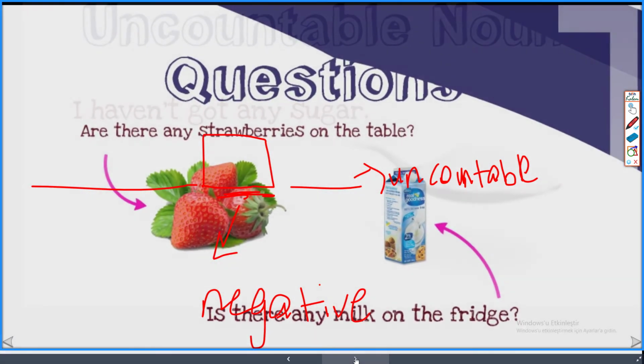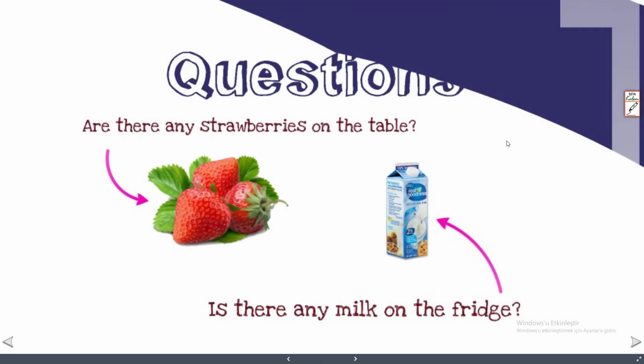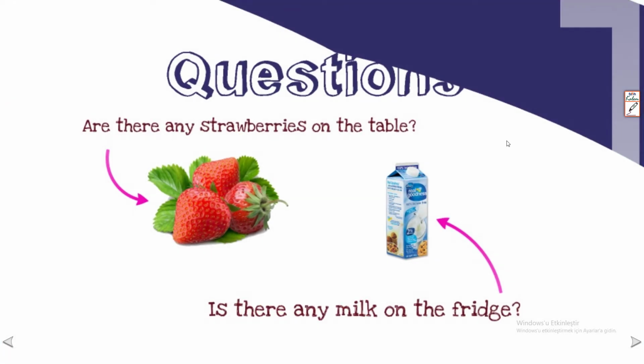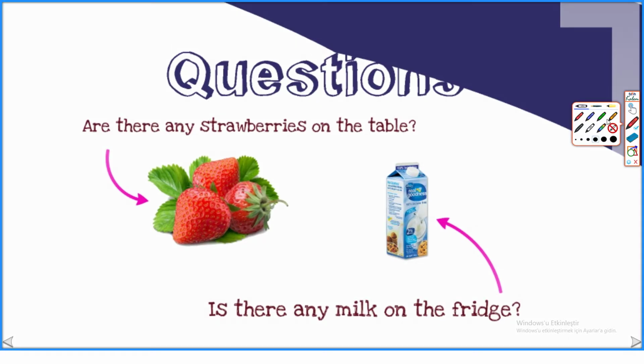Okay, and we have questions. Are there any strawberries on the table? As you see, I can count strawberries: 1, 2, 3, but I can't count this milk.